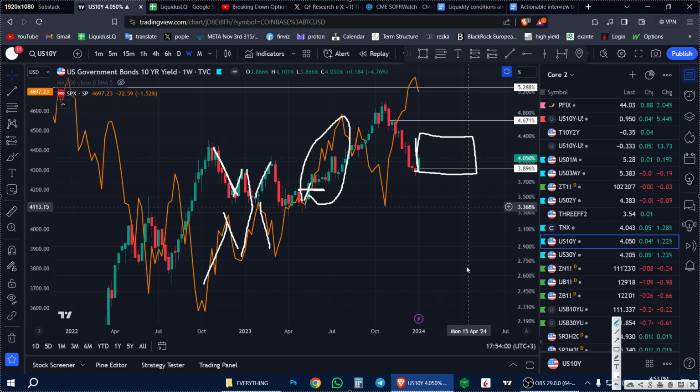So consolidating rates are neutral to positive for the equity, and this is what we're thinking of playing. A very, very important signal right here.